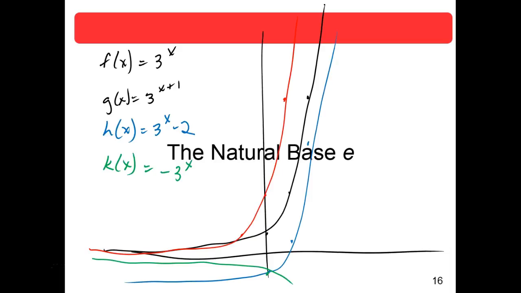Notice that's not negative 3 to the x. That would have to be like that. We don't do that, remember? You can't have your base be negative. This is negative of 3 to the x, by the order of operations: exponents before negation. If it was in parentheses, you can't do it because you cannot have the base being negative.